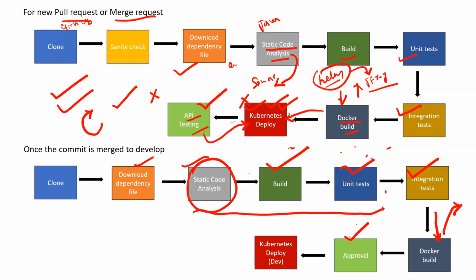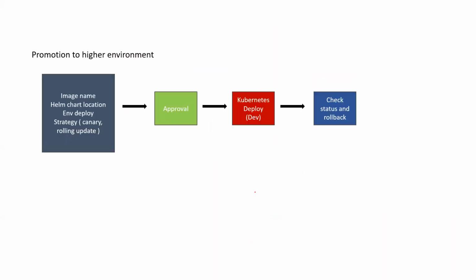Now you might have a doubt. The verification on a pull request is fine, and I have also shown how the dev deployments happen, but how will the promotion to the higher environments happen? Let's assume QA and production. That's where, in that particular project, we had one more job that asks for inputs like image name, Helm chart location, environment to deploy, and strategy to deploy, whether it is canary or a rolling update.